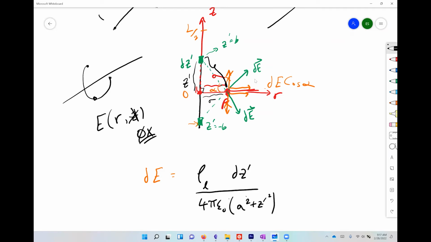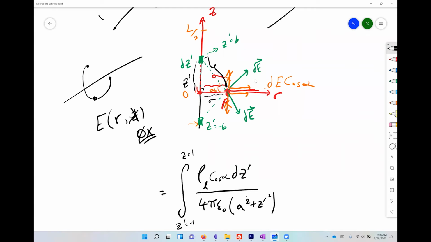Right? Now, this is the whole field. But we want to use the symmetry and we want to consider only the tangential element. So the tangential element, we get it by multiplying by cosine alpha. And then we have to integrate this from z prime equals minus l to z prime equals l.